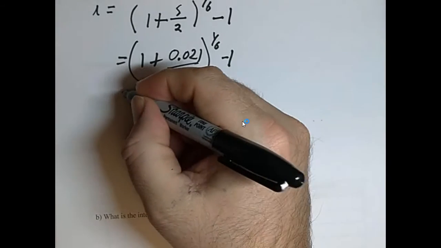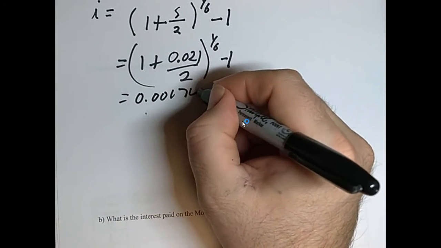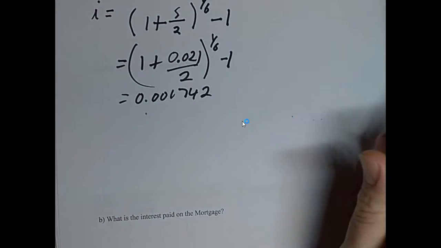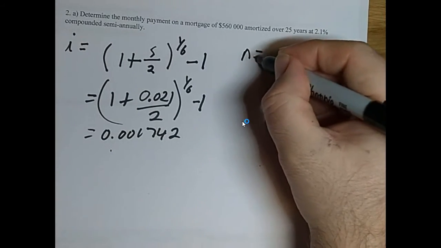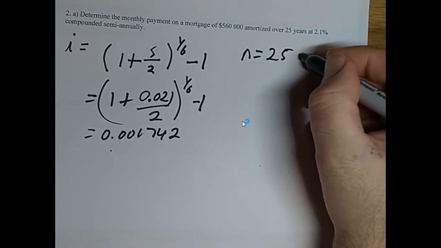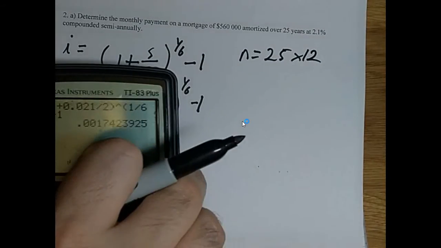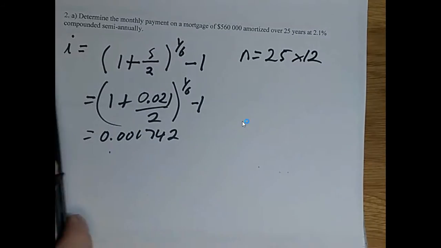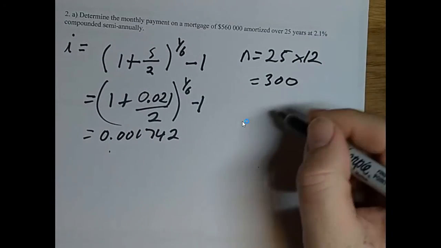Let's write that here, 4 digits. Okay, N. N is 25 years, but it's 12 times, so you're going to pay this mortgage for 25 years times 12. You get 300.